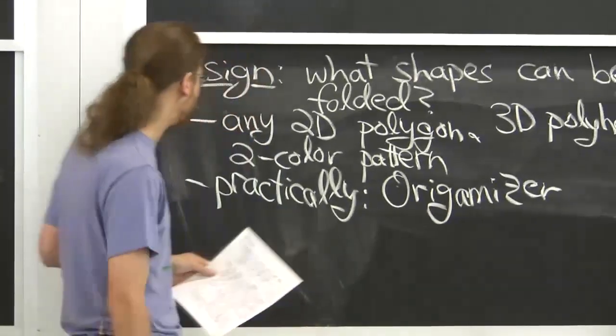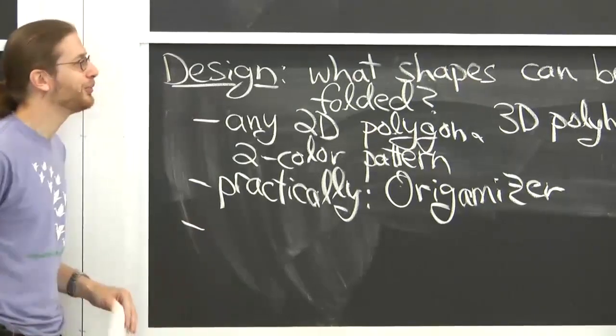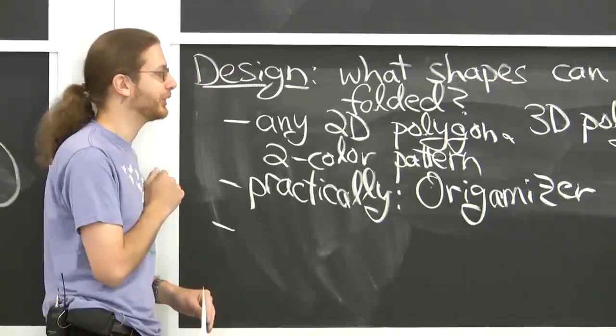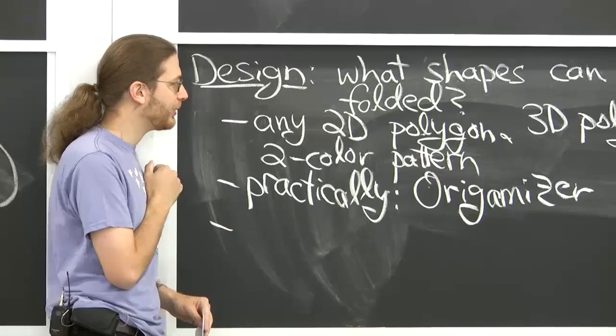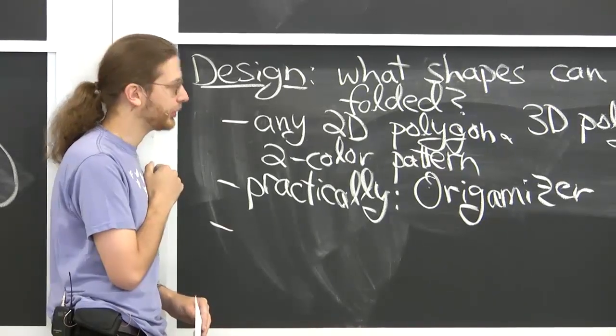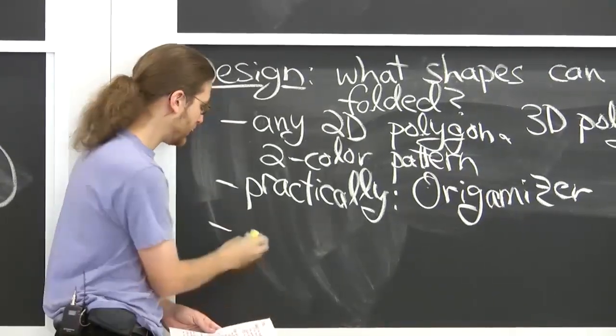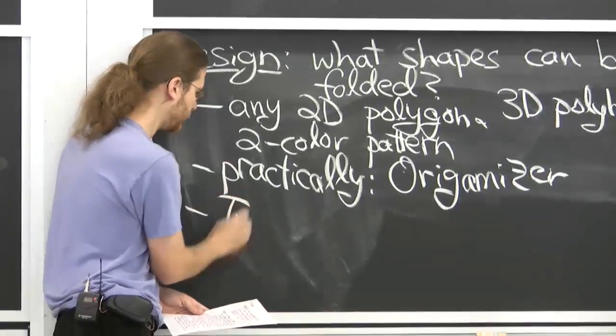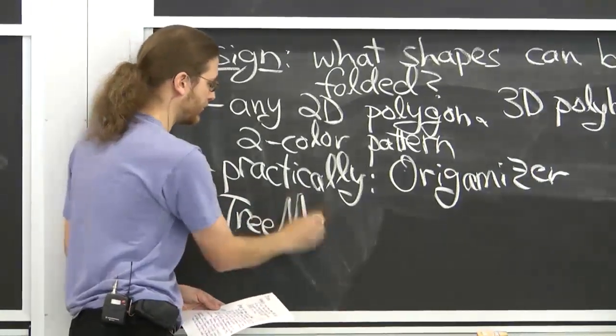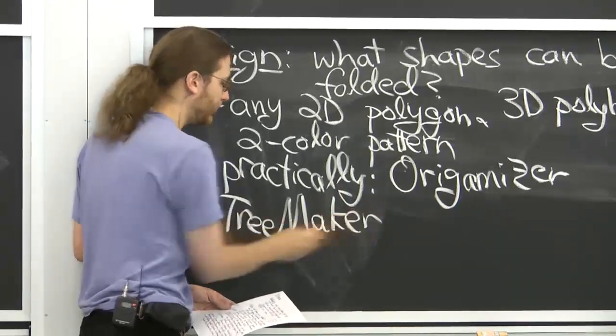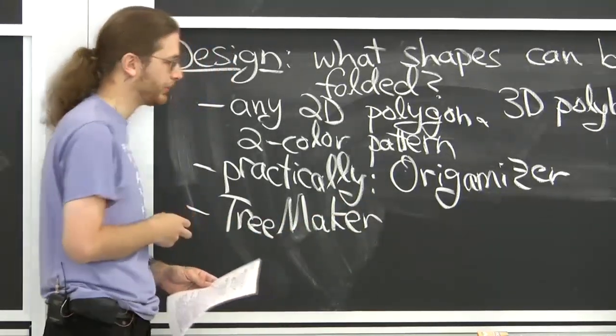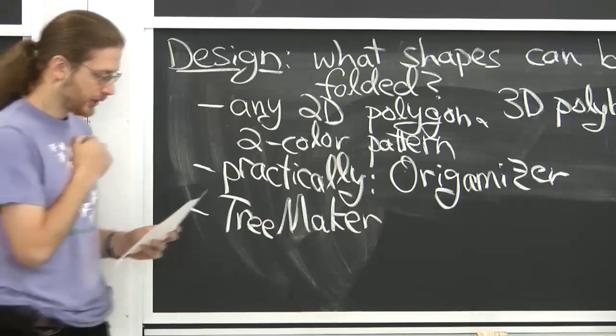Traditionally, before this Origamizer, or in practice today, a much more commonly used approach to computational origami design is something called the tree method, or I'm just going to call it Tree Maker here. Tree Maker is the name of the program that implements the tree method, and it's made by Robert Lang.